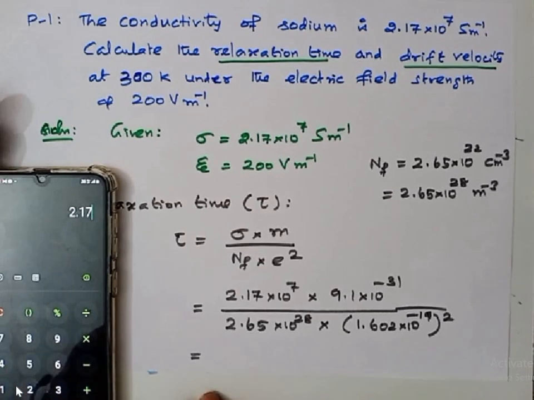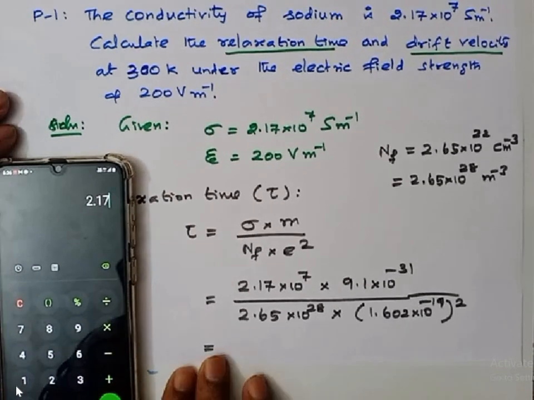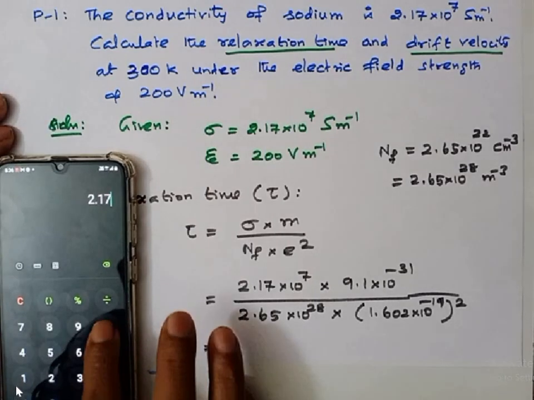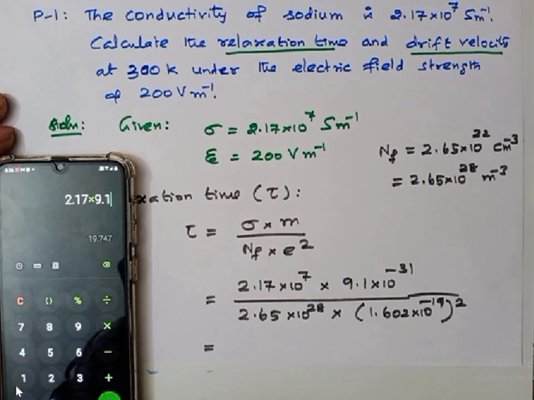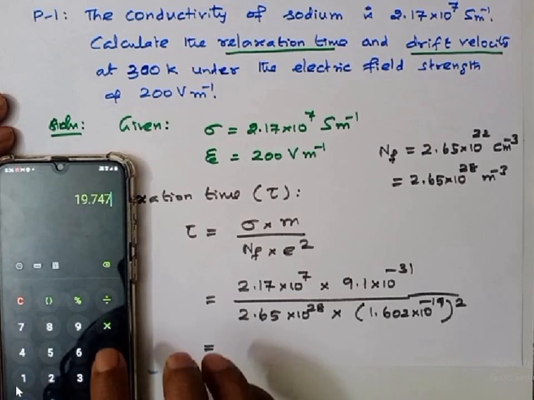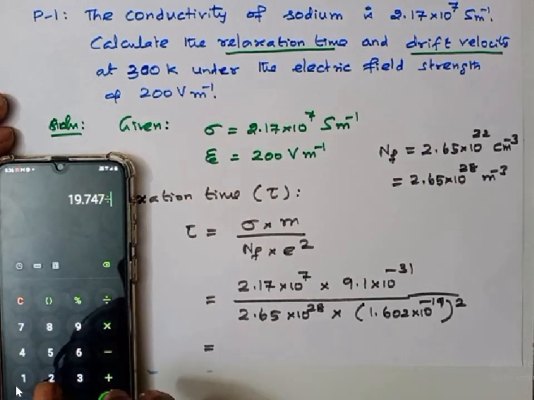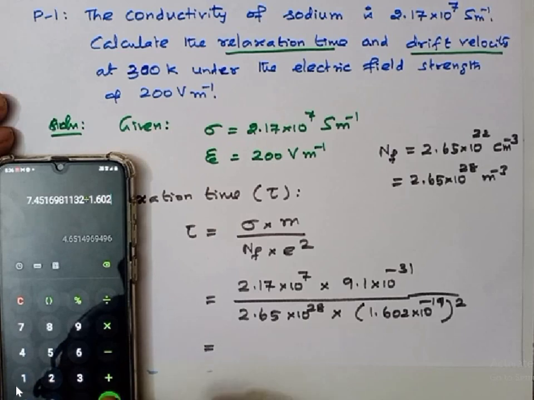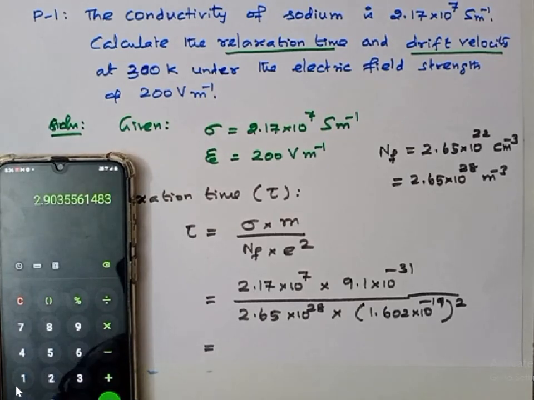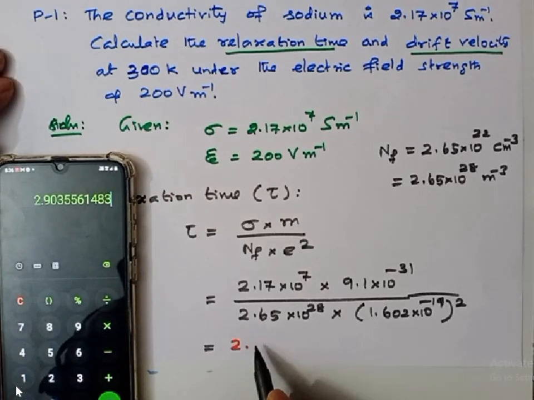2.17 into 9.1 equal to this, divided by 2.65 equal to this, divided by 1.602, divide again by 1.602. So we get a value 2.9035.